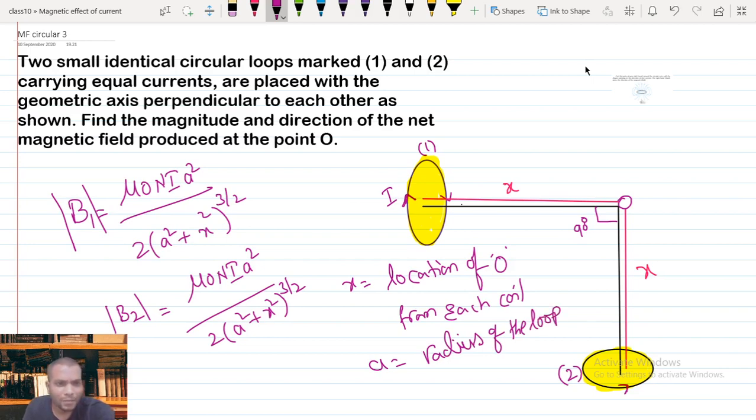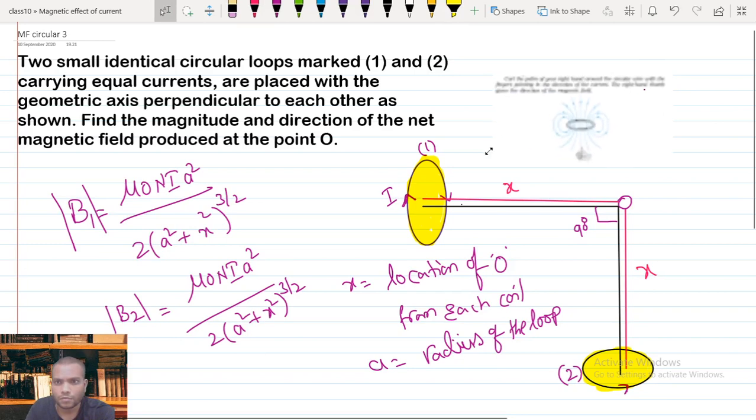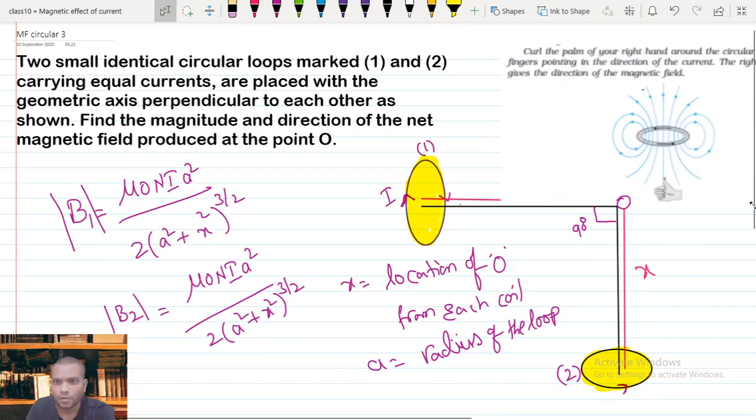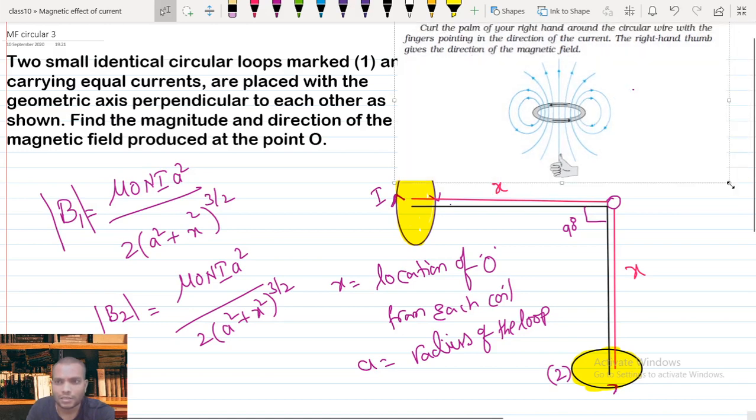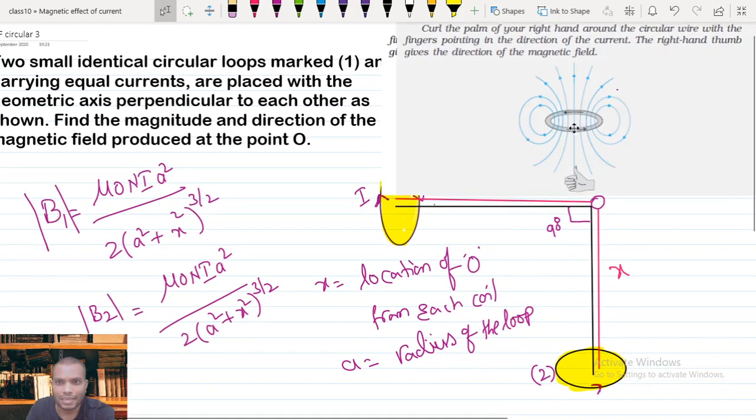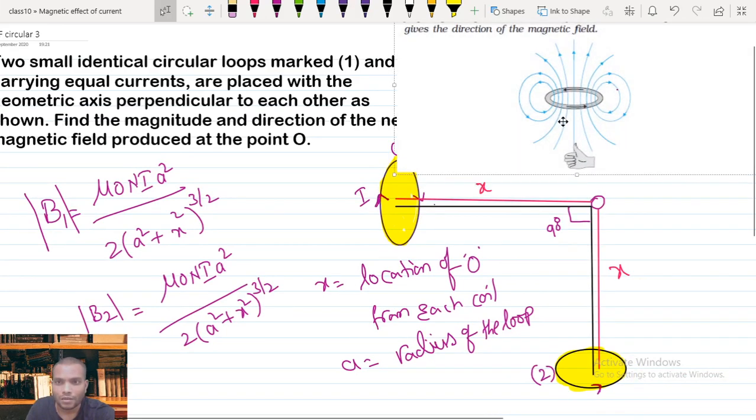Now we have the magnitudes. Then we need to find the direction. To find the direction, I will use the right hand thumb rule. The right hand rule says curl your fingers in the direction of current, then the extended thumb gives the direction of the magnetic field.